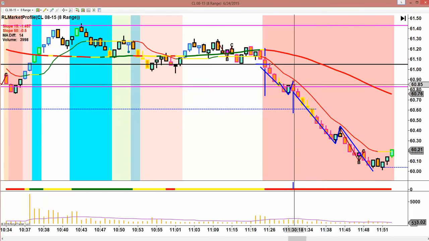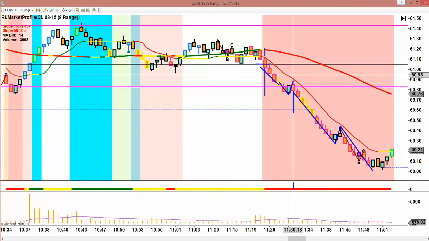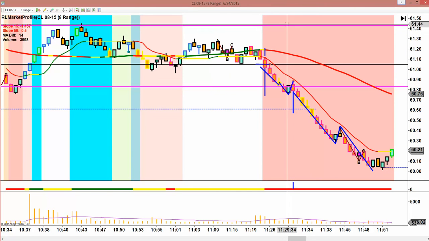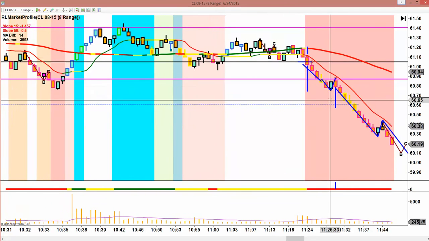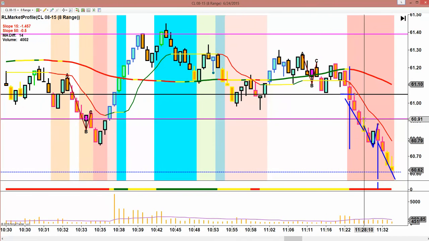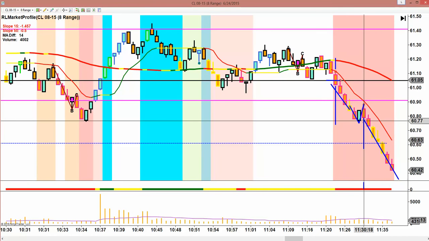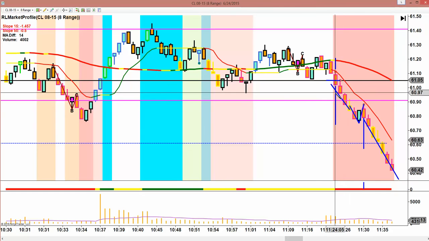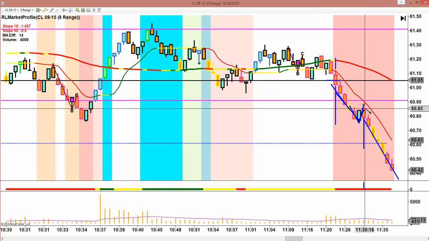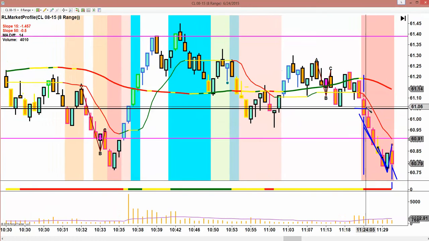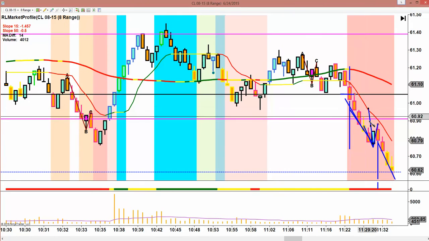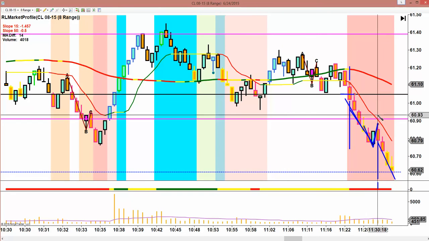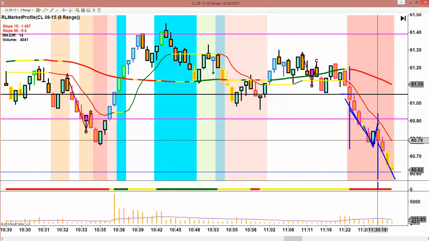This is why you never want to trade tight to the value area low, point of control, or value area high. You wait for these trades. And if you're patient, you trade a few markets, these are going to come. And these breaks and retracements, if you move it over to the right edge, you're going to see how tight it is. It's very tight to the point of control, less than a candle.